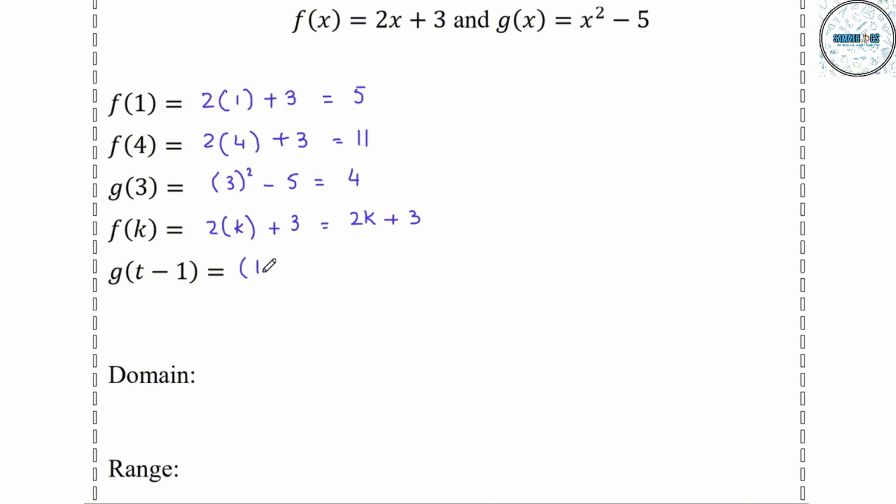So we will write t minus 1 in brackets, we put square on it, then minus 5. We can simplify it by using identity. When we expand it using identity, we will get t square minus 2t plus 1. Minus 5 is already there, so we write minus 5, which is equal to t square minus 2t minus 4.